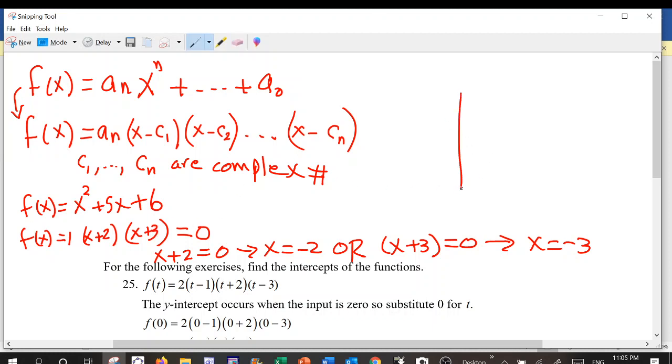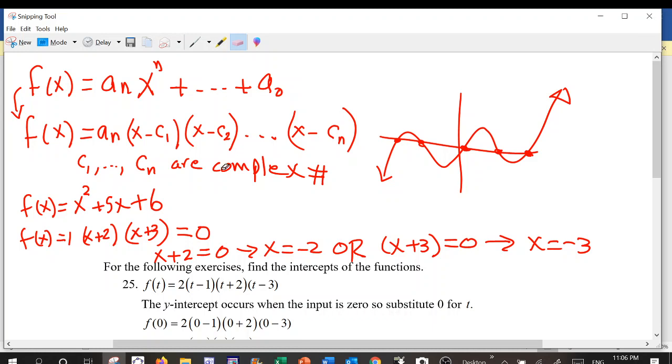Polynomials might have a bunch of x-intercepts. They might look like that. These numbers right here are actually opposites of these numbers that are given over here, if they are real numbers. Now, there could also be complex imaginary numbers.